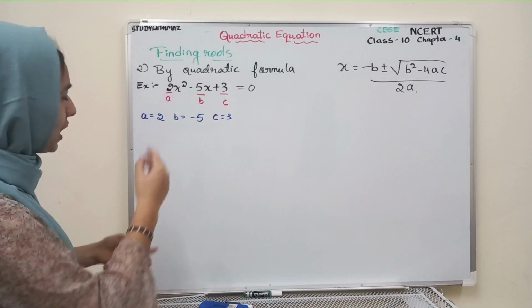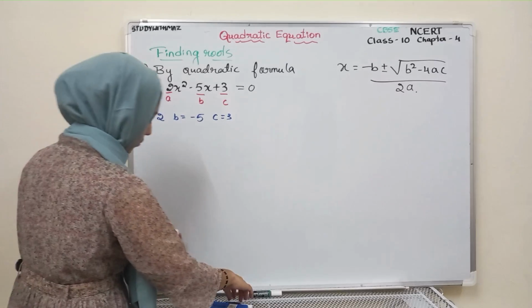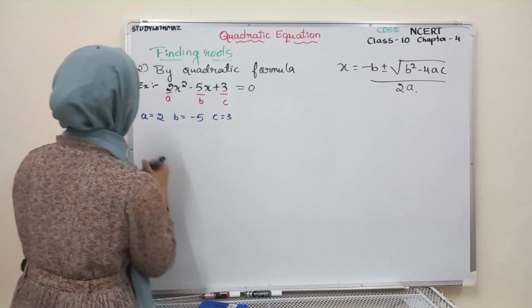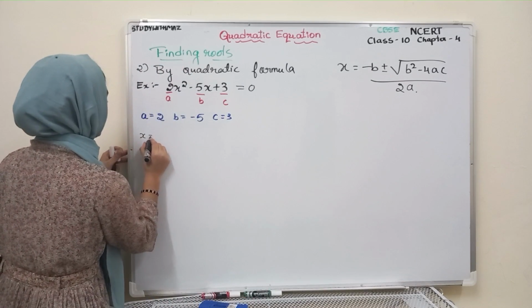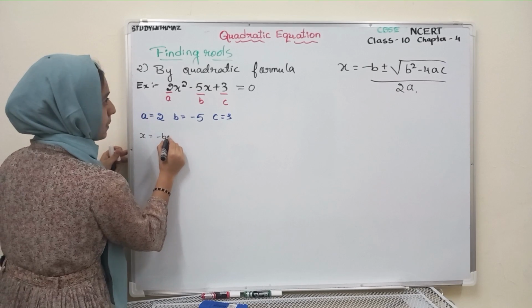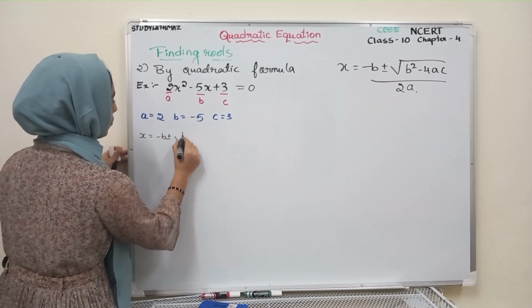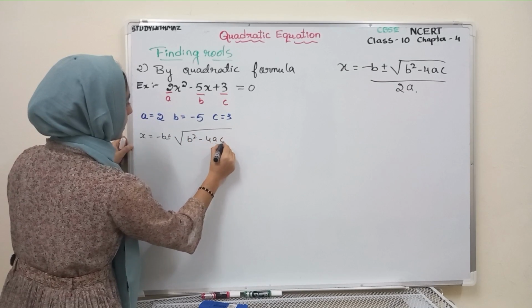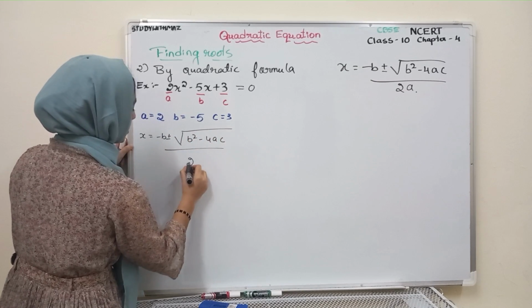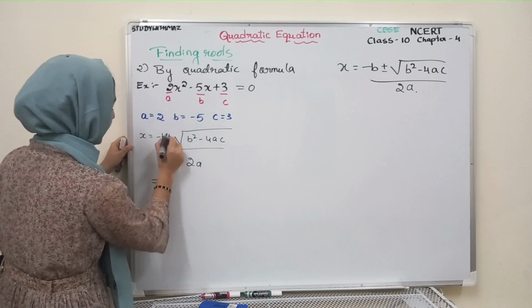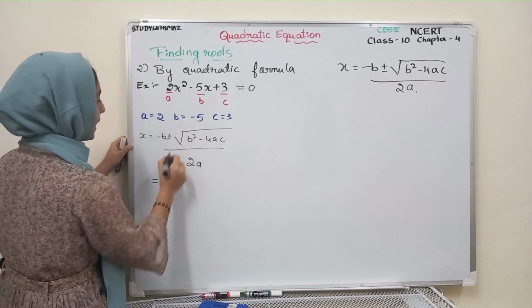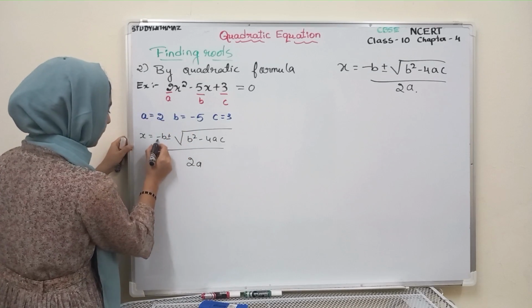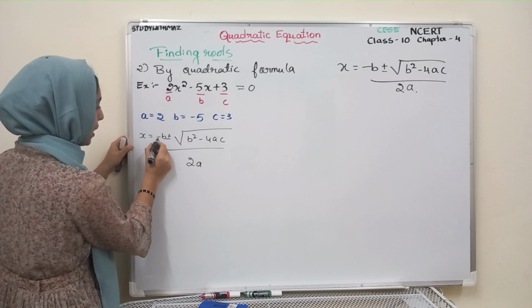Take your formula, which is x is equal to minus b plus or minus square root of b square minus 4ac divided by 2a. Substitute according to this. Minus b, what is your b? The b value is minus 5, so in the formula there is also a minus.